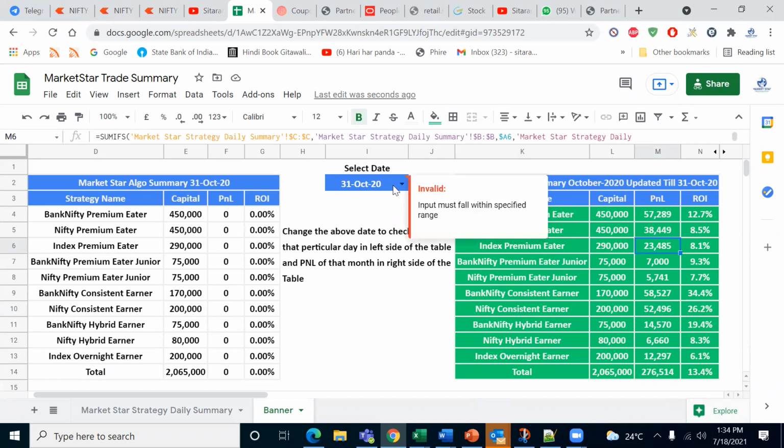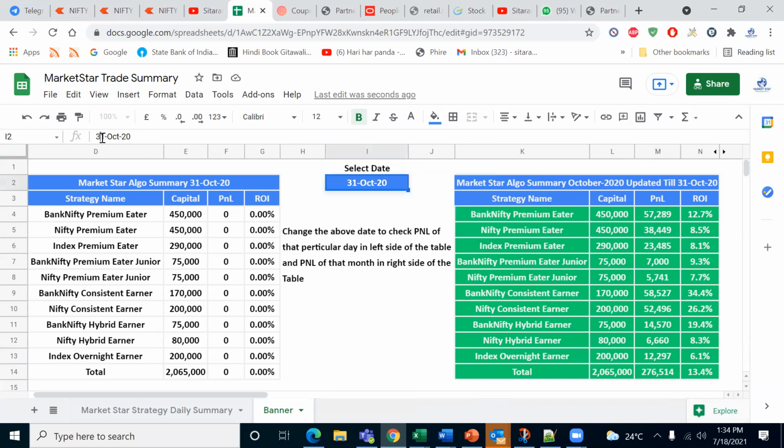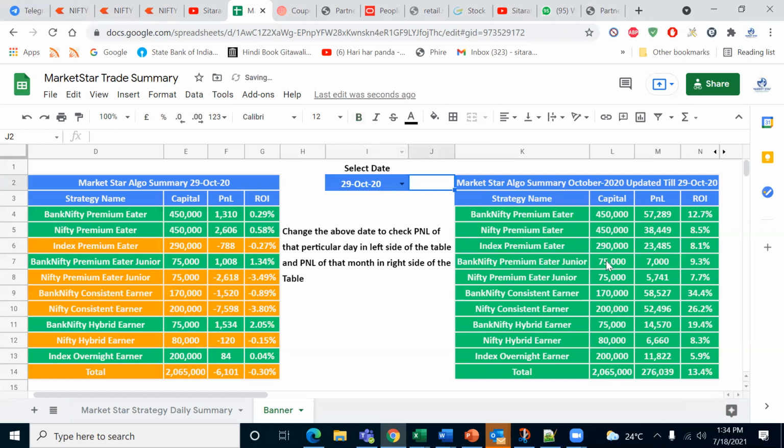Let's make it 29th of October, as there may be some error. By the month end of October, this index premium meter has given you 23,485 profit.